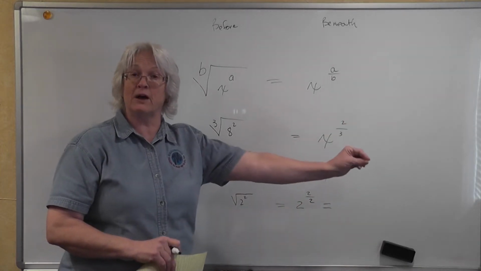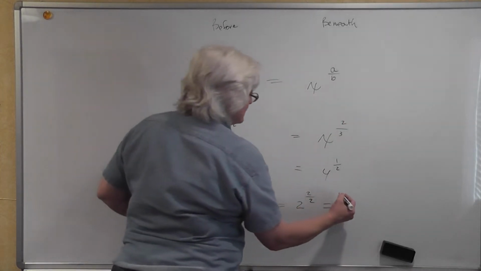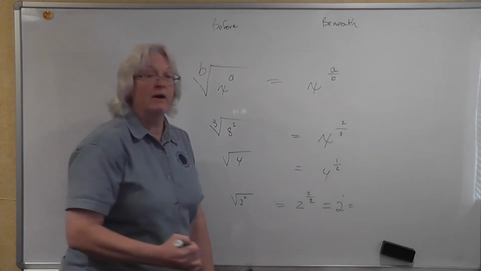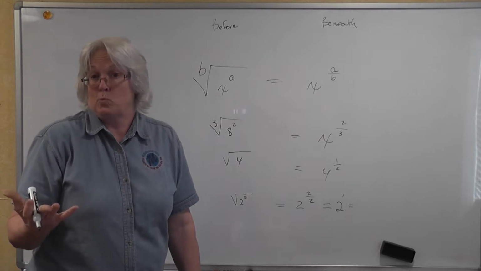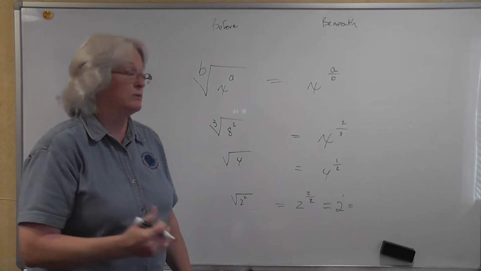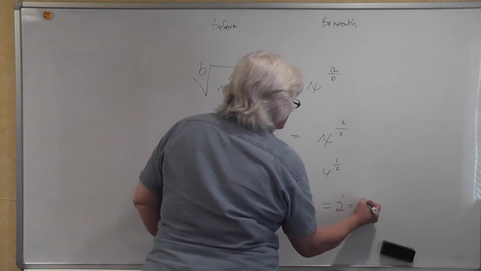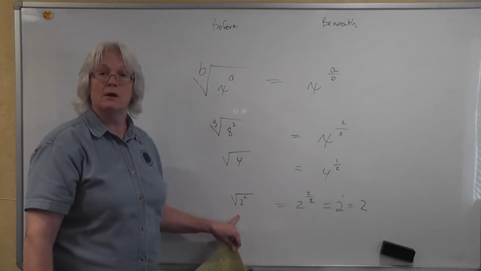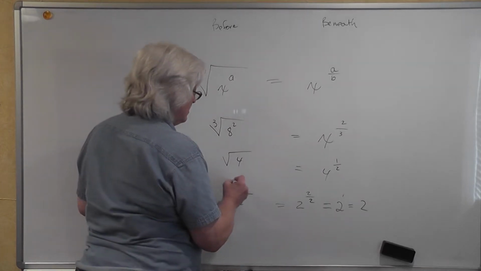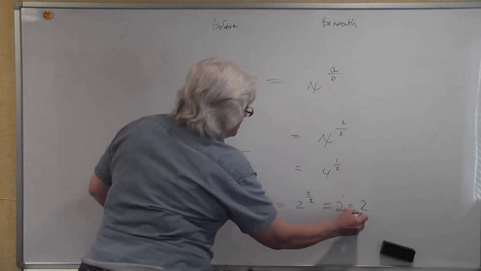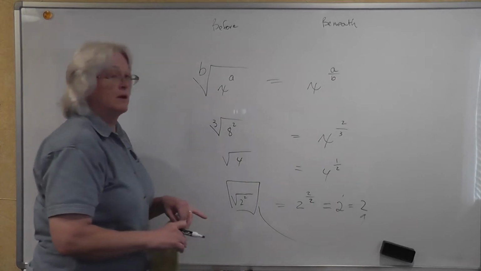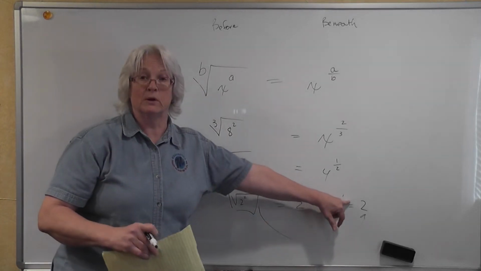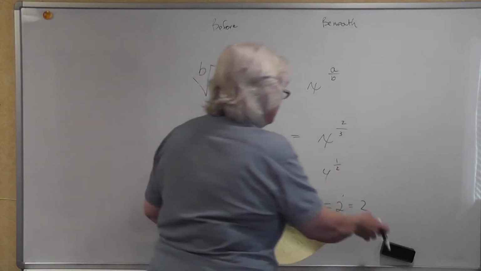Well, any number divided by itself is 1, isn't it? So that would be 2 to the first. And 2 to the first, we just understand that that factor is only used once. So we end up with 2. The square root of 2 squared is equal to 2, just as we know that the square root of 4 is also equal to 2. Alright?